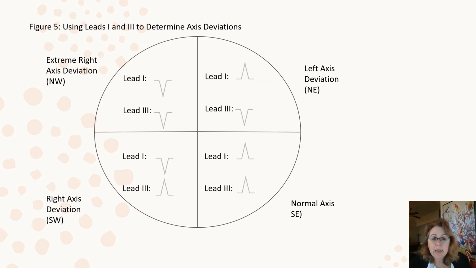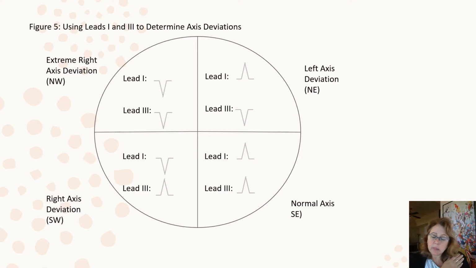So for that right axis deviation, we're going to still have a positive complex in lead 3, meaning it's still heading towards the bottom of the heart. But it's not heading left. It's more heading just straight down. And so lead 1 looks to be negative because remember, think about where lead 1 is.